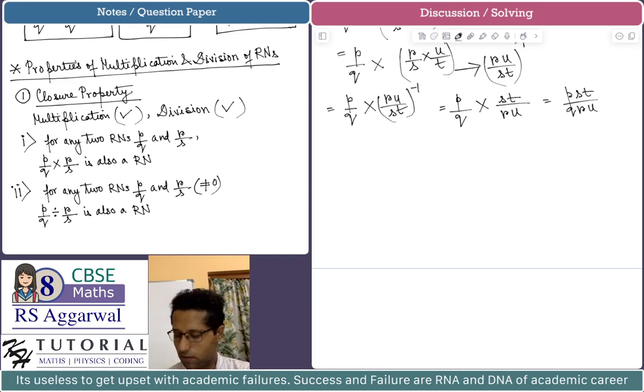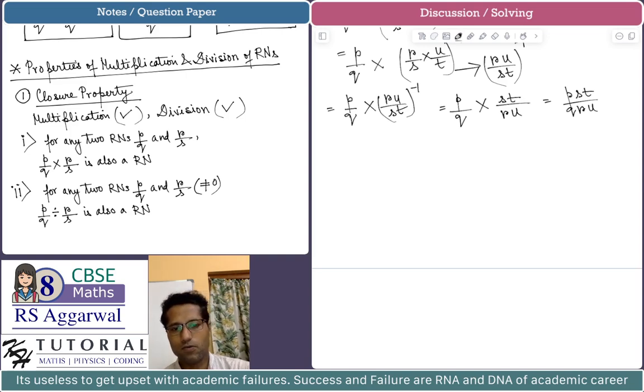Whereas the division operation also obeys the closure property. That is, if you divide any rational number p by q by another rational number r by s, the condition is that the rational number by which you are dividing, r by s, should not be equal to 0.